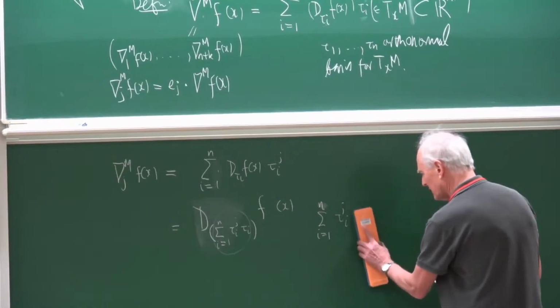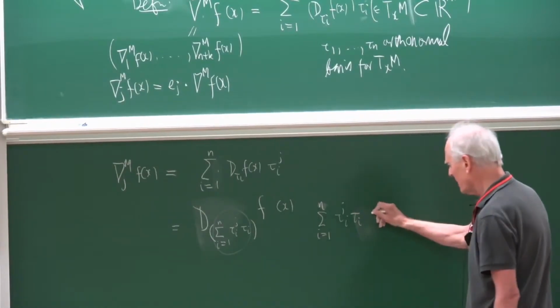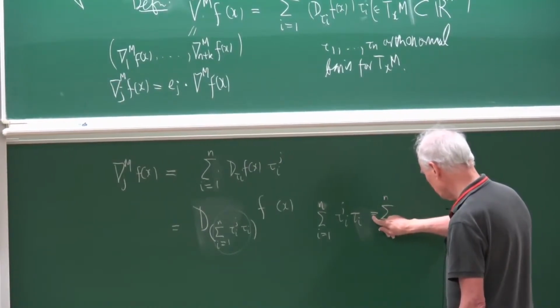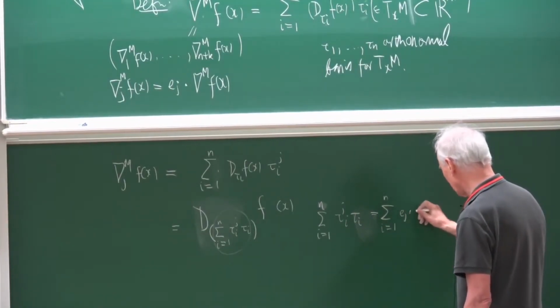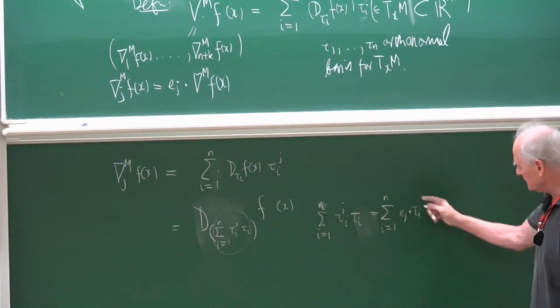I can rewrite this as the sum, i equals 1 to n, of e_j dotted with τ_i times τ_i. But you recognize that.